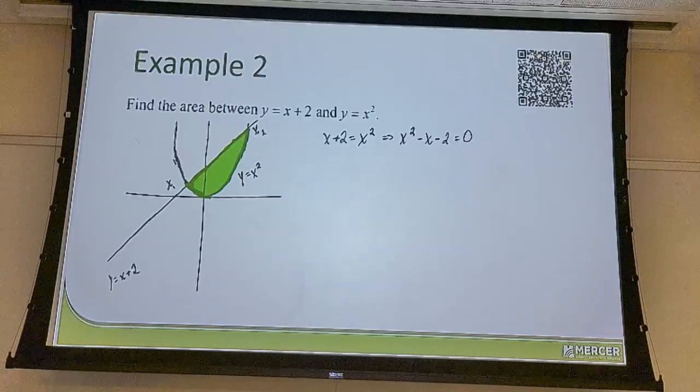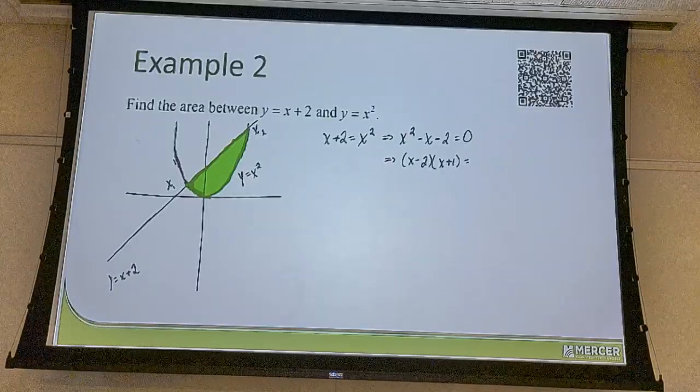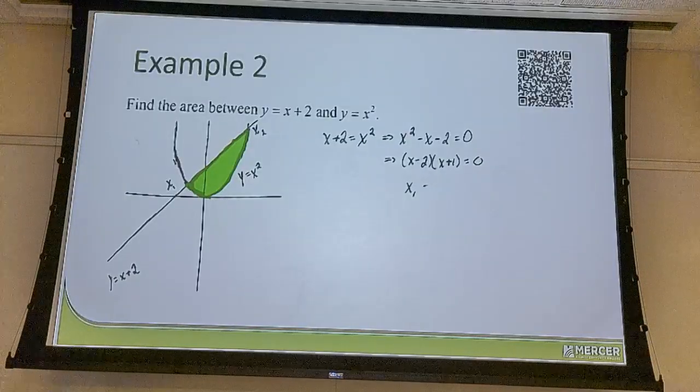Can that be factored with integer coefficients? Yes. What is the factor form? X minus 2, x plus 1. What's X1? Negative 1. What's X2? 2. Over that interval, which is the upper bound function? X plus 2.